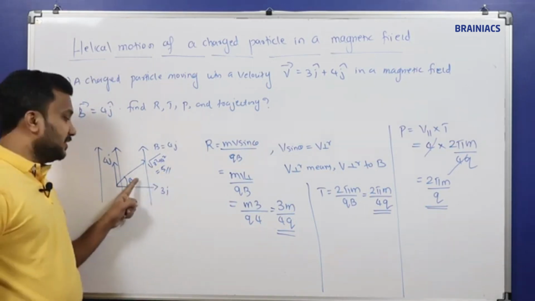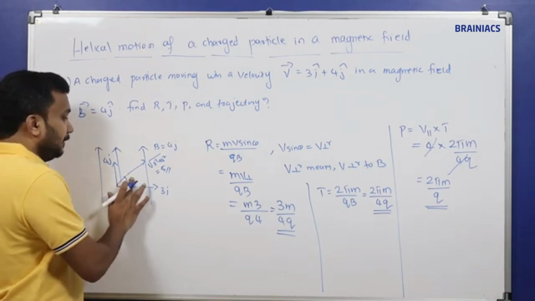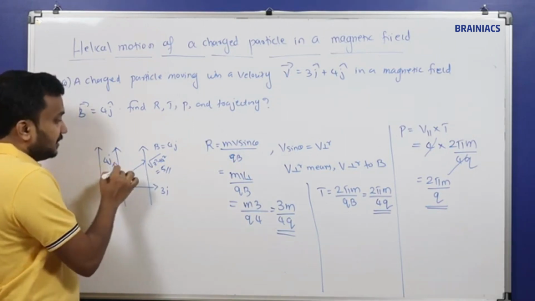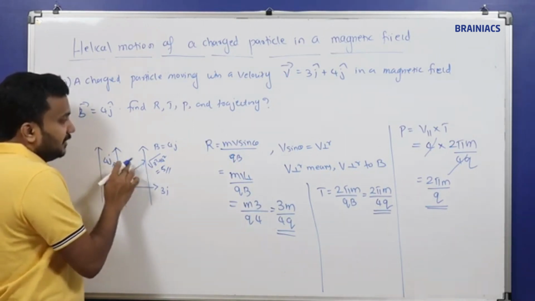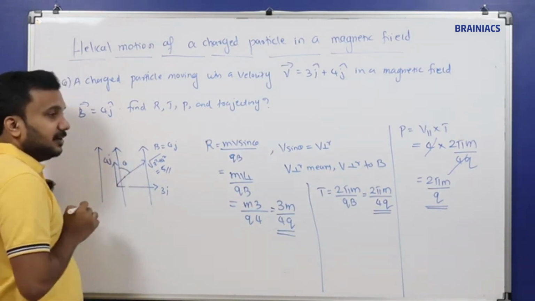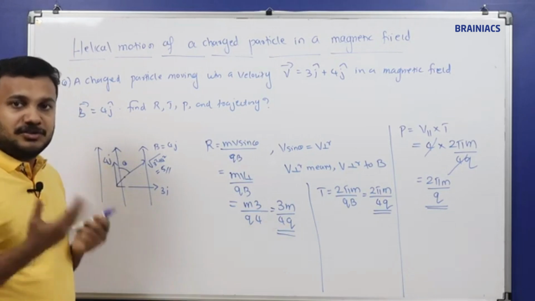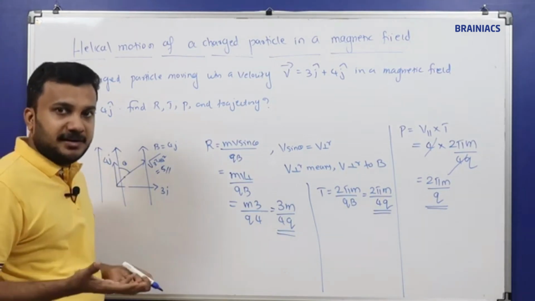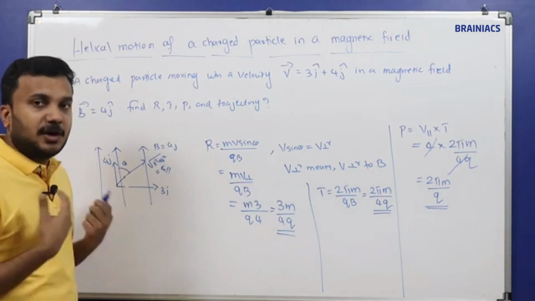The resultant velocity makes an angle. This is the resultant, and this is the magnetic field. With respect to the magnetic field, it makes an angle θ. θ is not 0 degrees, and θ is not 90 degrees; θ is some other value. Then what type of motion is it?